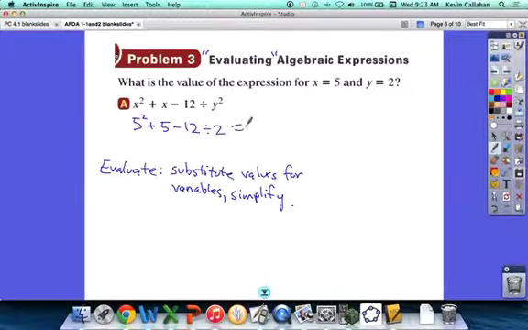Now it's an order of operations. Which operation am I going to do first? There's an exponent, right? So you're going to go 5 squared, 25 plus 5 minus 12 divided by 2.